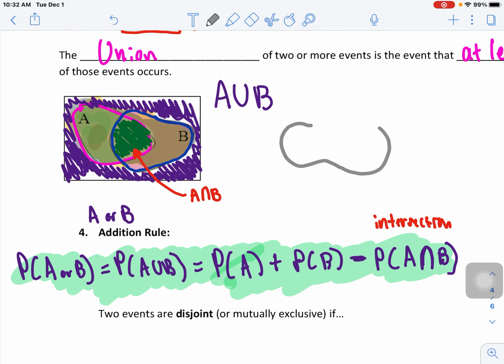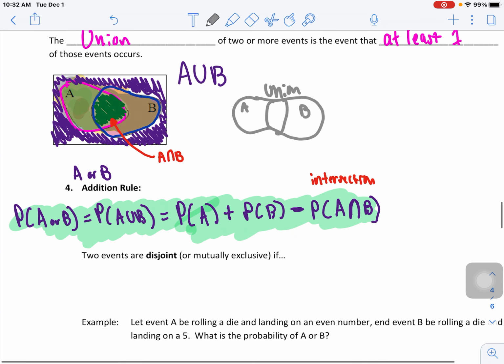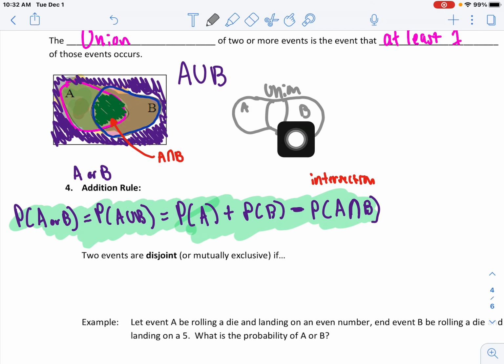This shape is A and B happening. This is the union, this whole thing. That is the probability of A or B, or the union of A or B. It's the whole thing. It's A plus B minus the intersection.